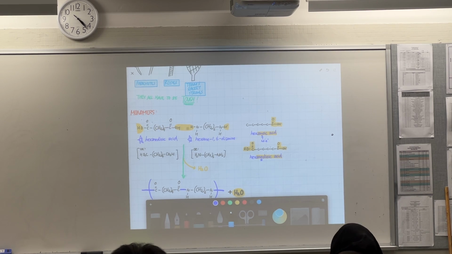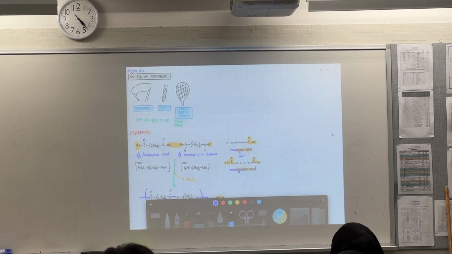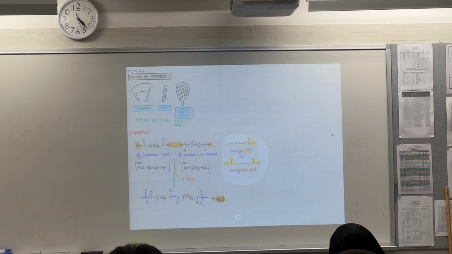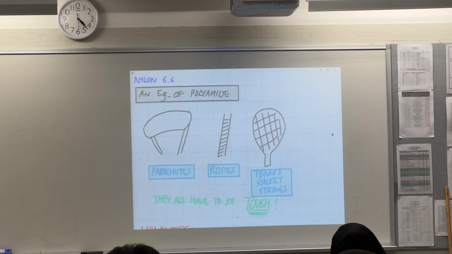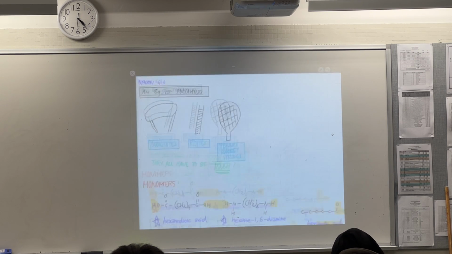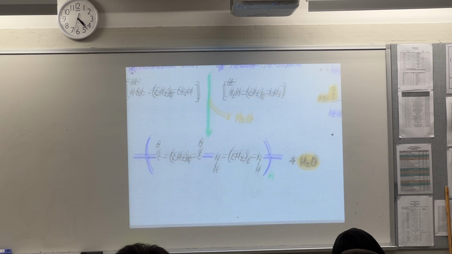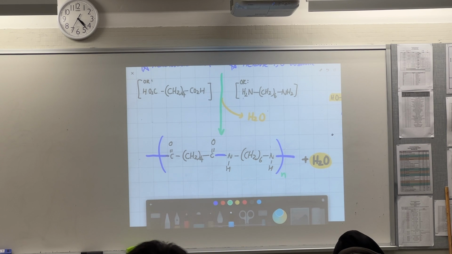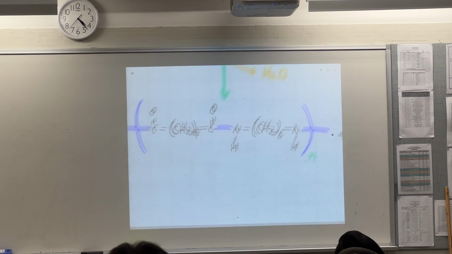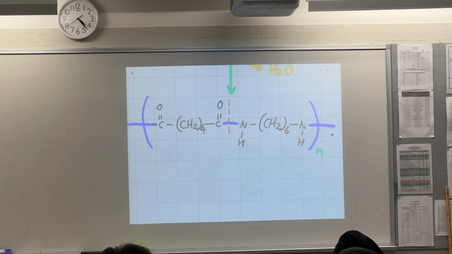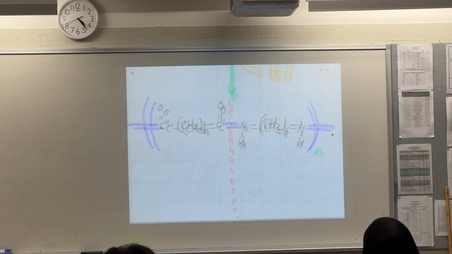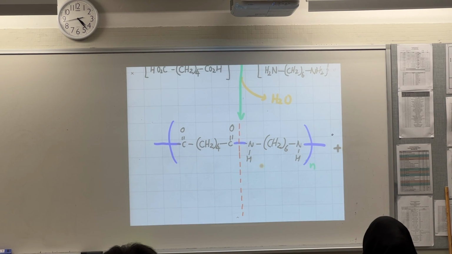Now, why is it called nylon 6,6, do you know? Yeah, the 6 is related to hexane. You got it. But can you see that if we use this amide bond as a reference point, how many carbons are to the left of this dotted line in total? 6.